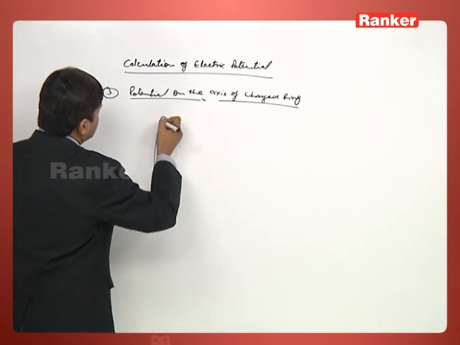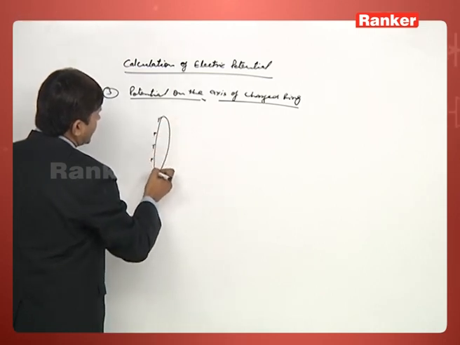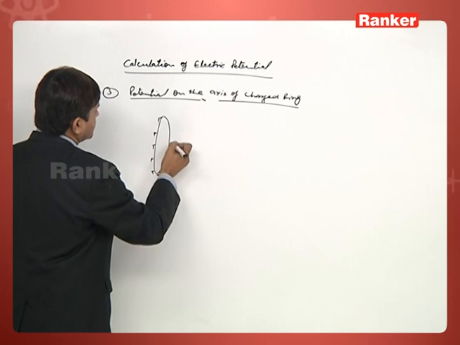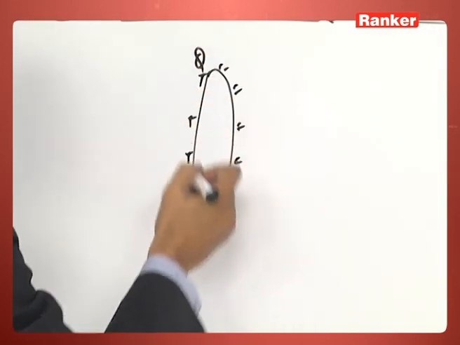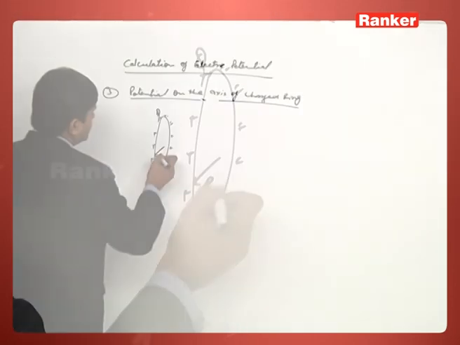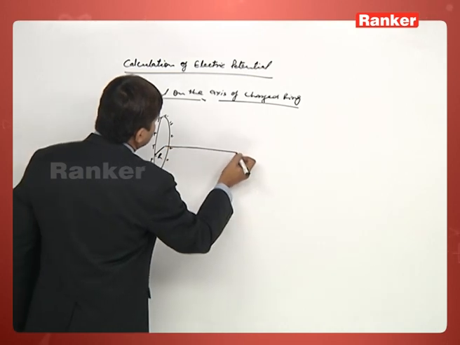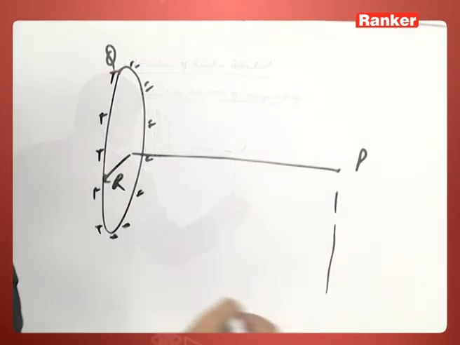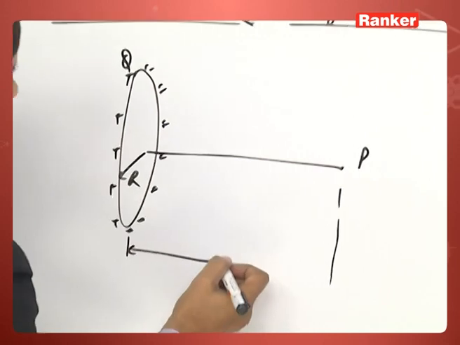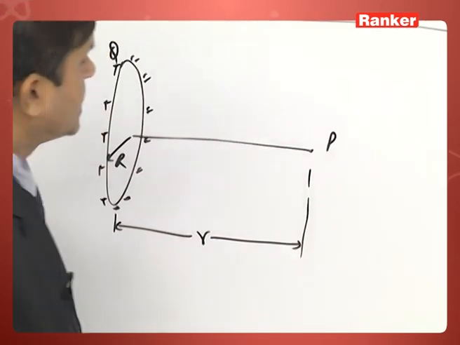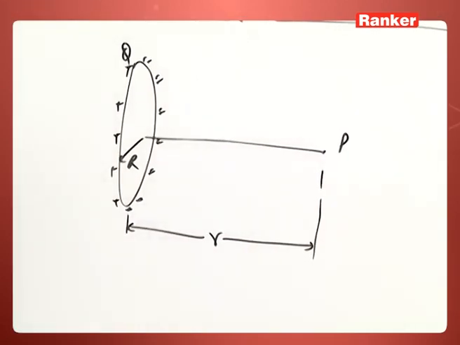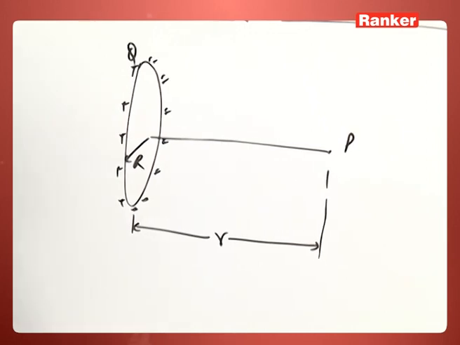Let this be your ring, and it has charge Q and radius R, and we want to calculate the potential at point P, which is on its axis, and let that point P be at r distance away from the center of the ring.